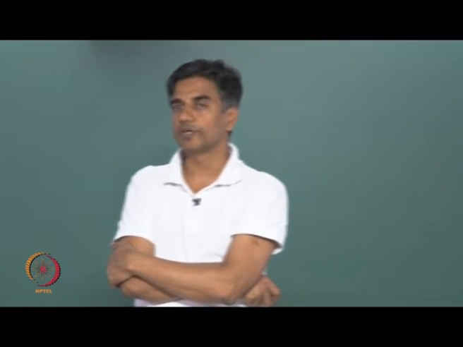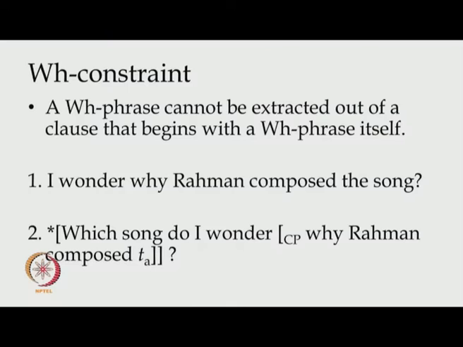Do you remember when we were talking about some of the lexical properties of verbs? We talked about the verb wonder. One of the features of the verb wonder was that this verb takes a WH clause, an interrogative sentence, as a complement, right? So, in this sentence number 1, why Rahman composed the song is the complement of the verb wonder.